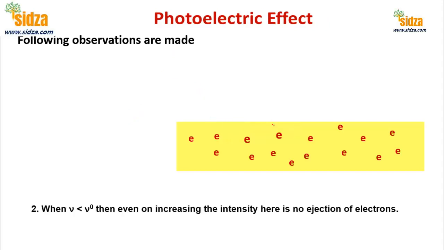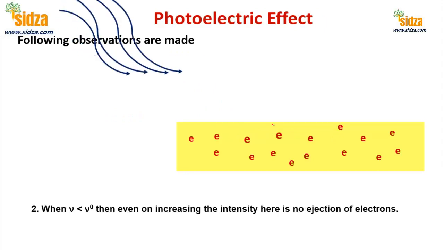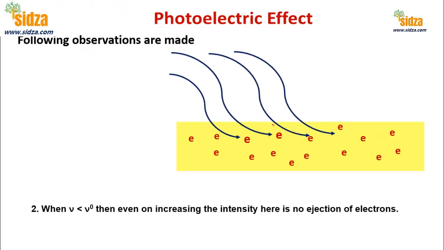No matter if we increase the intensity of the radiation, even if we use a high intensity of the radiation, still photoelectric effect cannot be observed, because again in this case the radiation that we use has a frequency less than the work function, less than what you require here to remove the electrons.